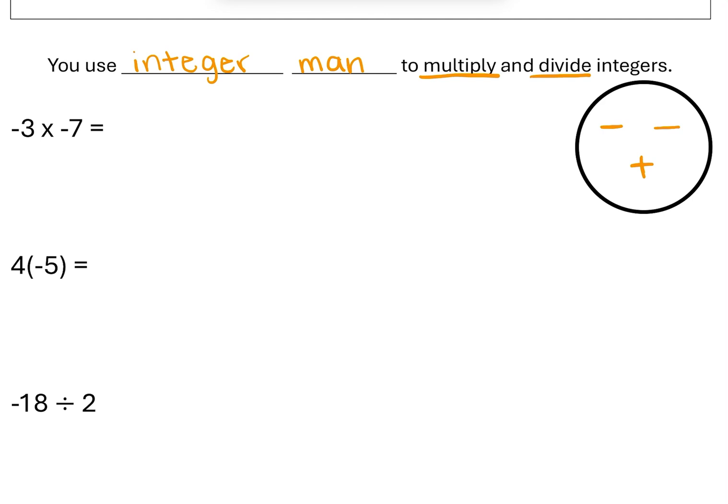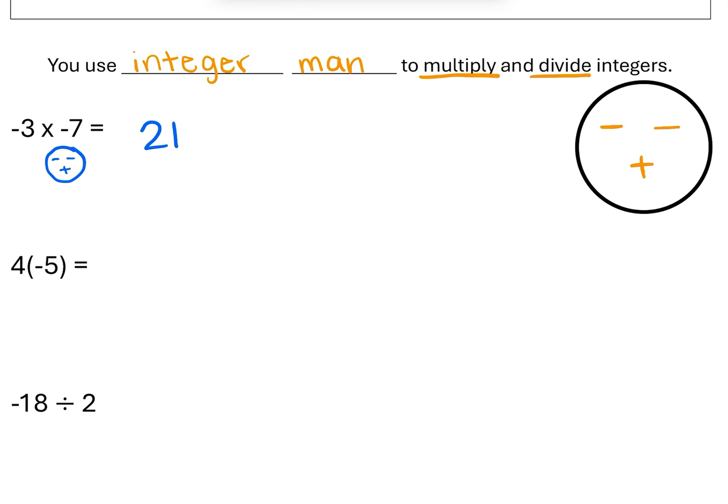So let's look at our first problem. We have -3 times -7. So we're going to multiply like normal. We're not circling. We're not rewriting. We just multiply like normal. 3 times 7 is 21. But we have to use integer man. So we're going to draw him, 2 negatives and a positive.